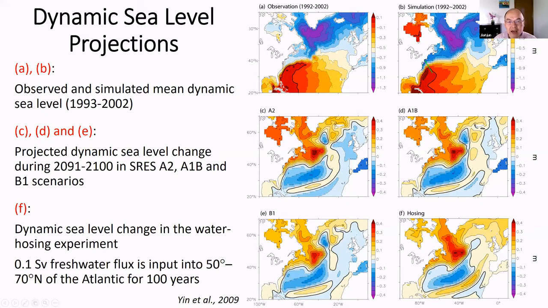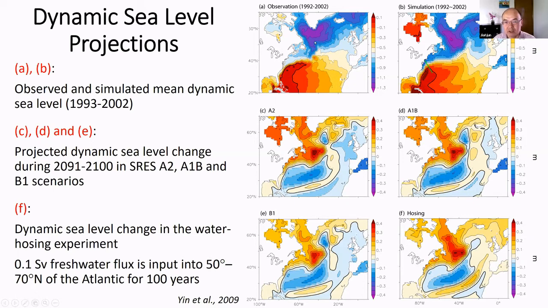So here, the upper 2 panels show the observed and simulated mean dynamic sea level. You can see CM2.1 can capture the pronounced features in the observation. But you can also notice some differences.